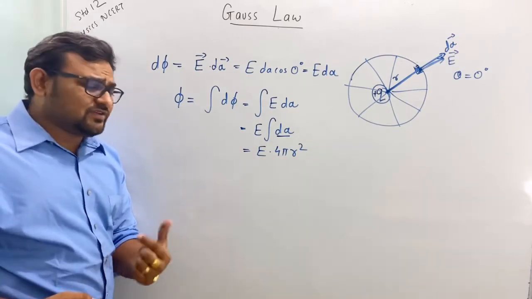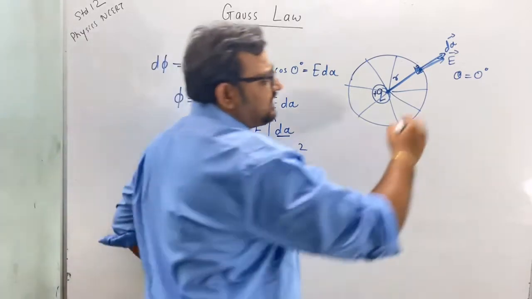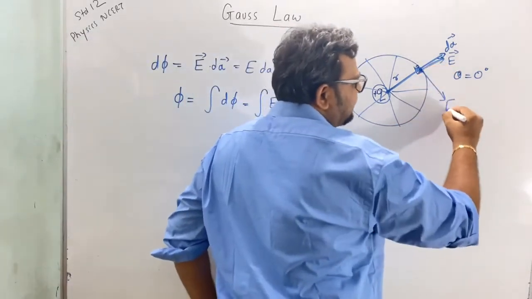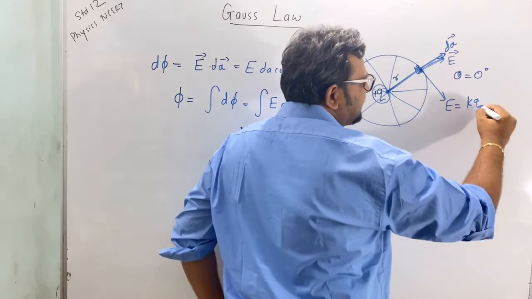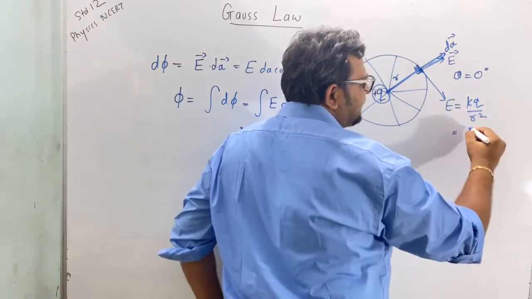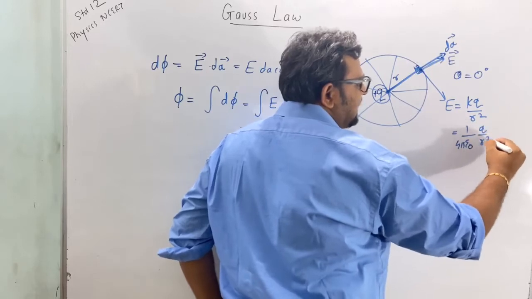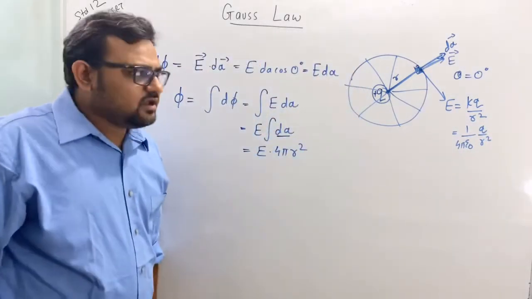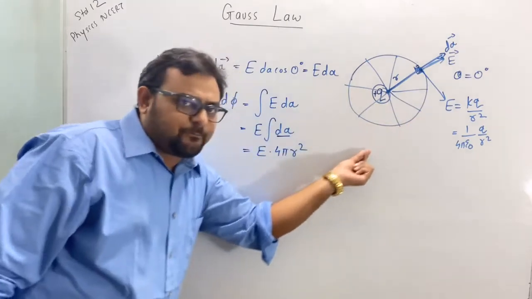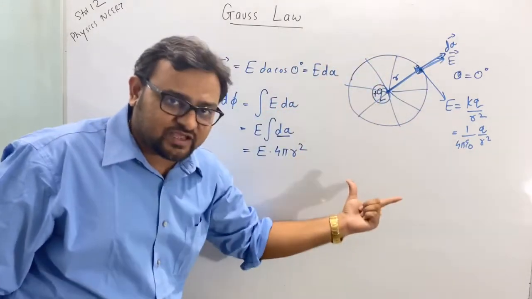Now, what is the formula for electric field? The formula for electric field is kq by r square, or I can write 1 by 4 pi epsilon 0 times q by r square. This was the electric field at every point on the surface.